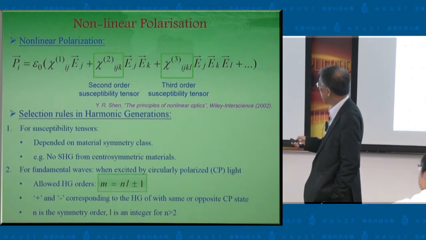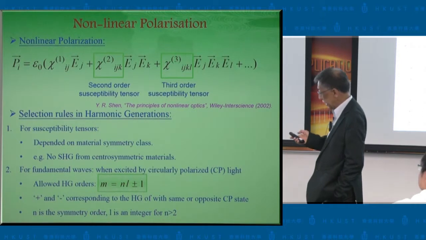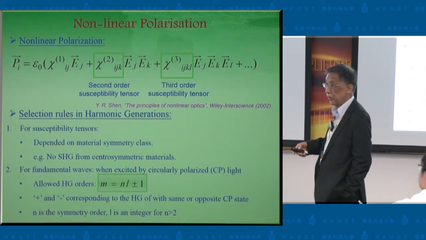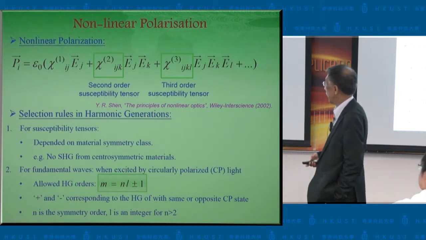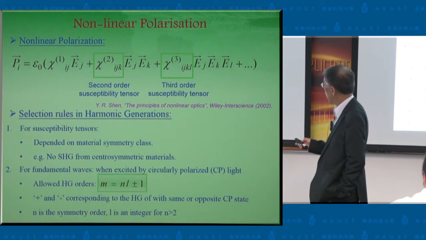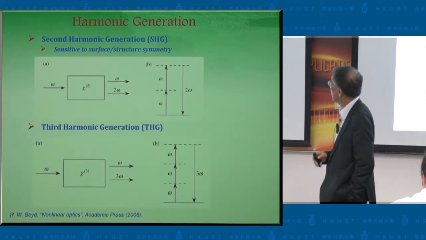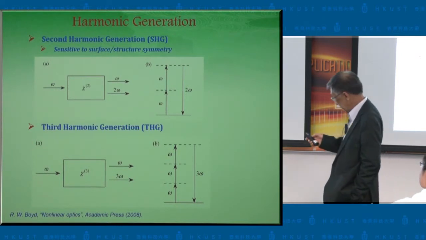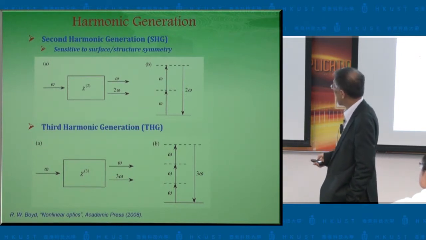So based on that, and this actually applies to solid state materials, a similar thing will apply when you have a metal surface structure, a periodic structure. Well, I don't think I'll go through this too much.